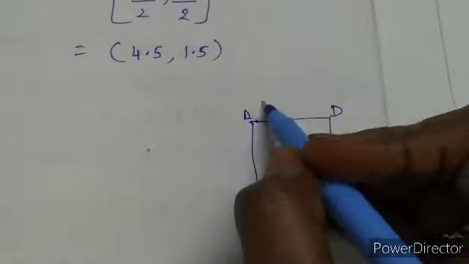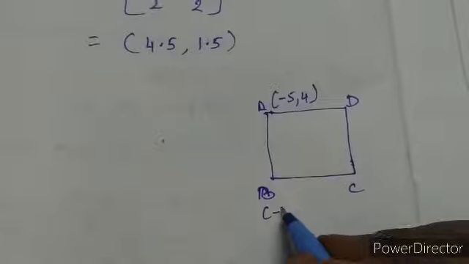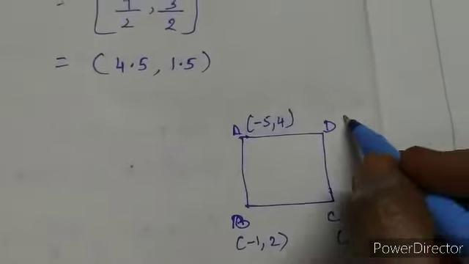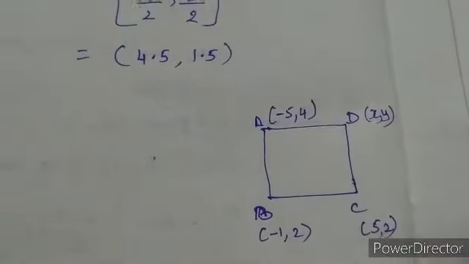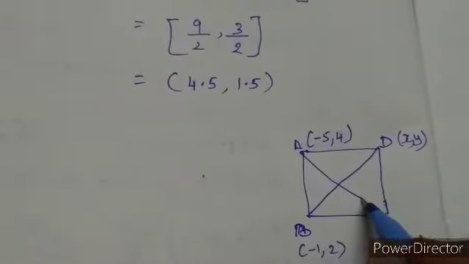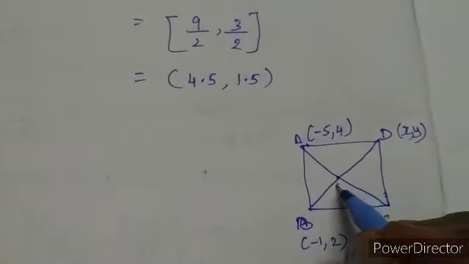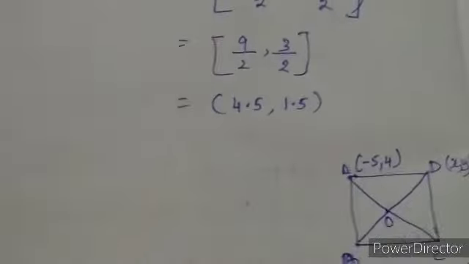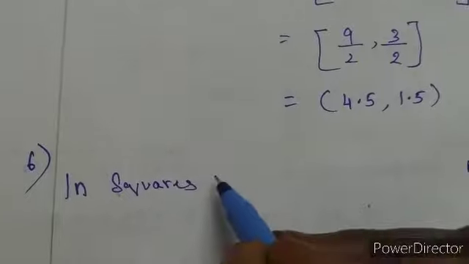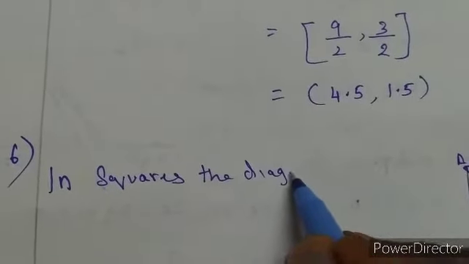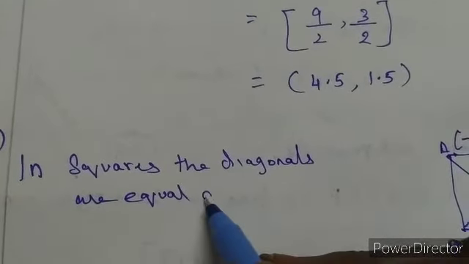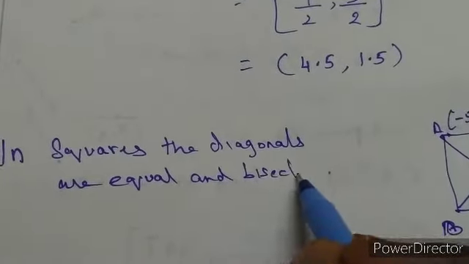A is (-5, 4), B is (-1, 2), C is (5, 2) and D I don't know, that is (x, y). Next, the diagonals are equal and bisect each other, so write in squares the diagonals are equal and bisect each other.